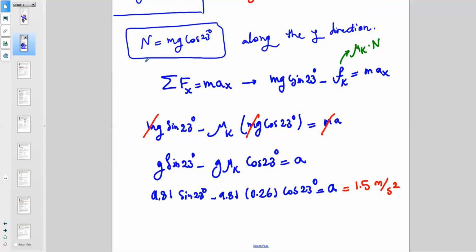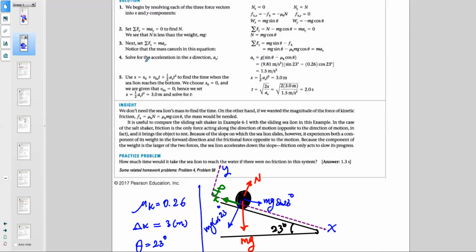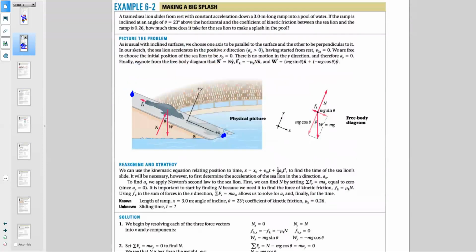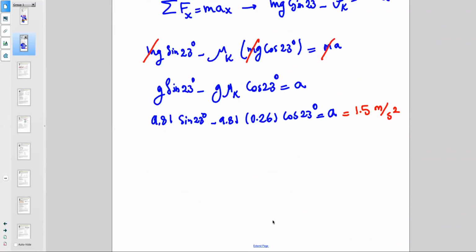But is this what we're looking for? No, we're looking for time. Let's see what the problem is asking. How much time does it take for the sea lion to make a splash in the pool? So I am looking for time and not a, but a is one of the requirements. So delta x equals half a t squared plus v0 t. We know v0 t is 0 because initially it was starting from rest at the top.